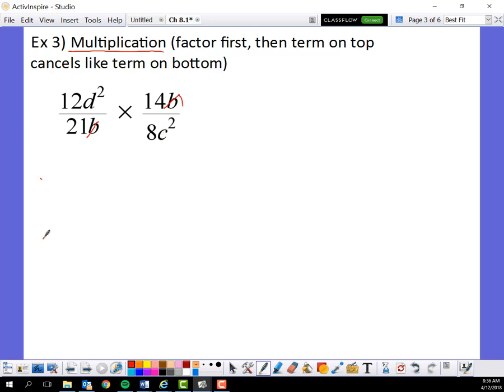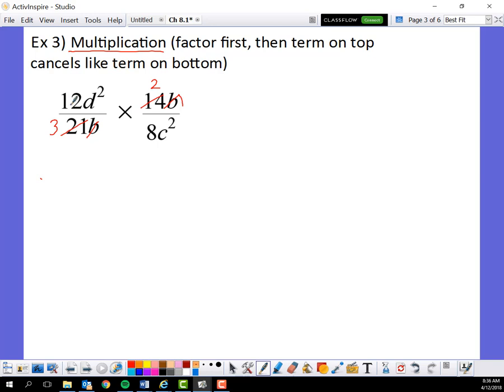But we can actually apply the same concept to the numbers that you see here. So if you look at 21 and 14, okay, 21 and 14 are both divisible by 7. Okay, so if we divided those by 7, the 21 turns into a 3. The 14 would turn into a 2. Okay, and then if you look, we can take it even a step further.